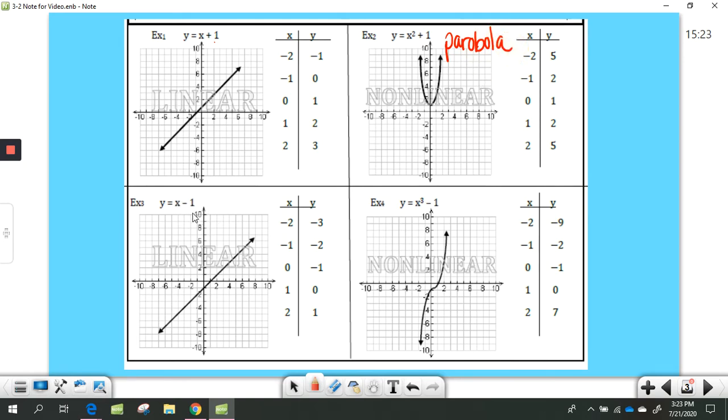Here's another equation that is linear. This could be negative, by the way. If it is, the line will just go downhill instead of uphill. So that is linear. And then in this example, we have the power of 3, and that makes this funky little shape here, and that's a cubic function, and it is not linear.